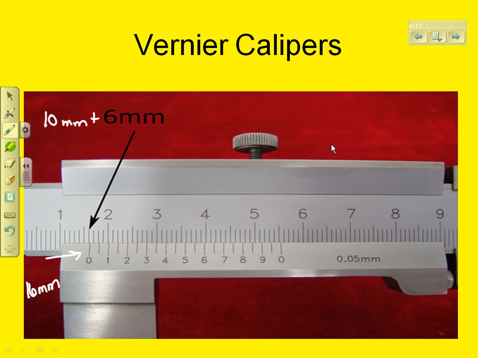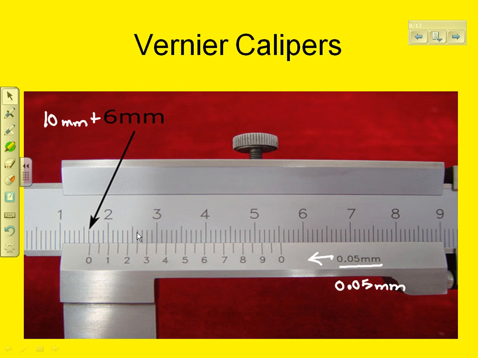The next part is where we use the vernier scale. Again, that's this lower part. Notice this tells us the division here is 0.05 millimeters. Look at the scale and how the graduations on the vernier scale are lined up with the graduations on the main scale. Notice the zeros are off a little bit. We're going to keep going along till I see one that's lined up.